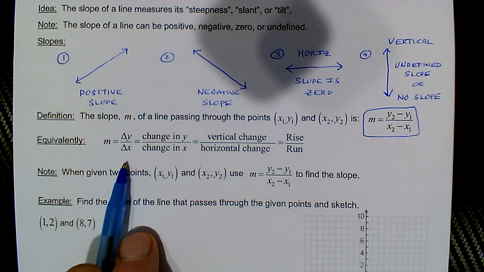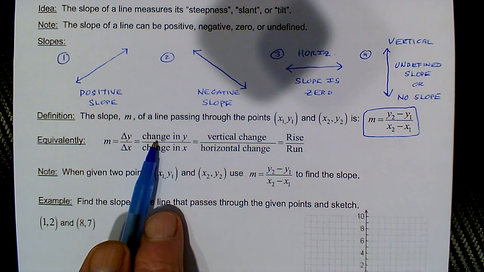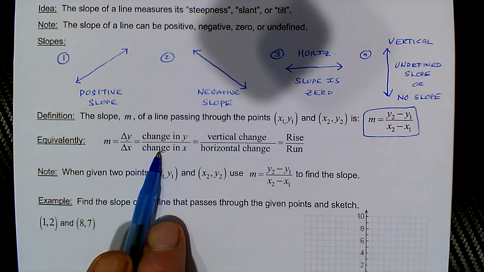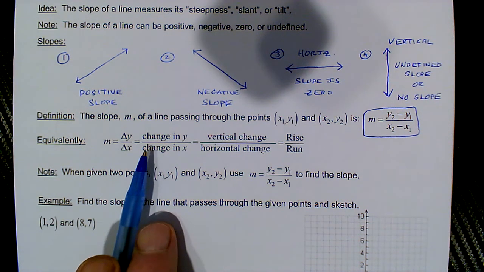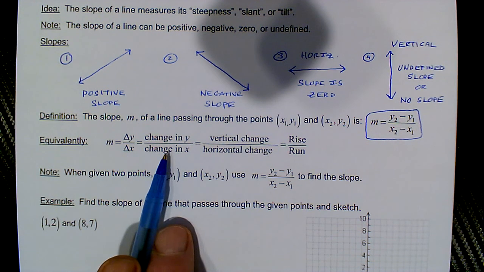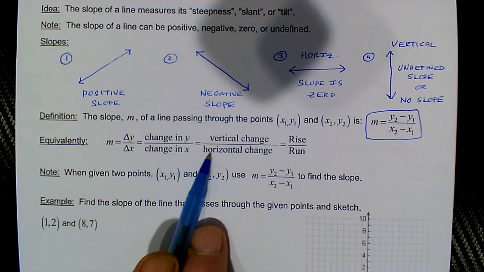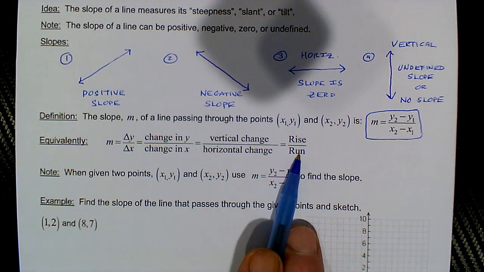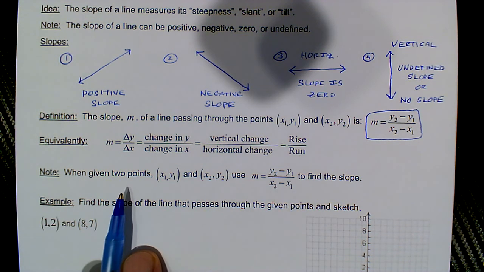Since y is the vertical change, or up and down, and x is the horizontal change, or left to right, we say vertical change over horizontal change, or, something that's going to come in handy as well, rise over run is often a term used to describe the slope.